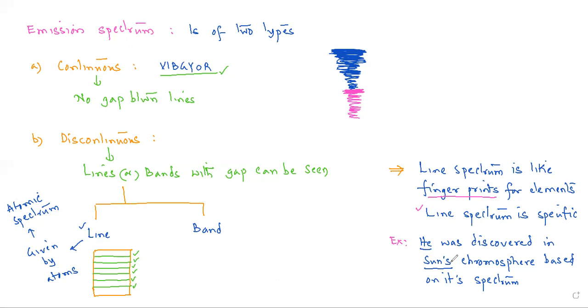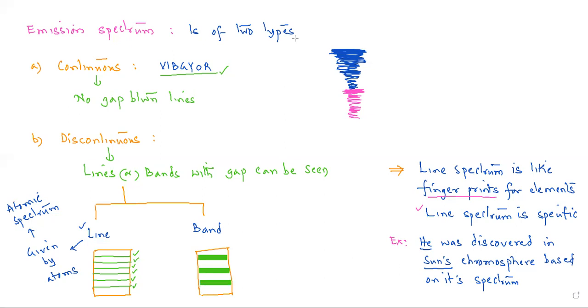You got gaps between the lines. Of course, the bright lines. Now, coming to band spectrum, just like atoms combine to form molecules, even lines combine to form bands.